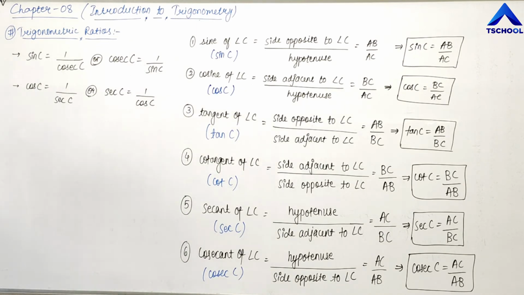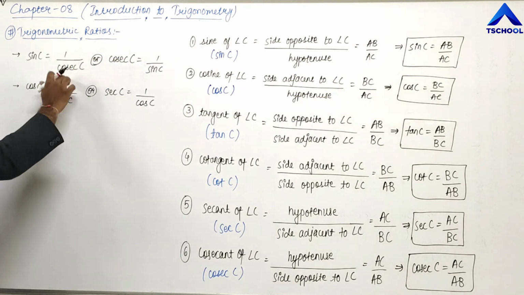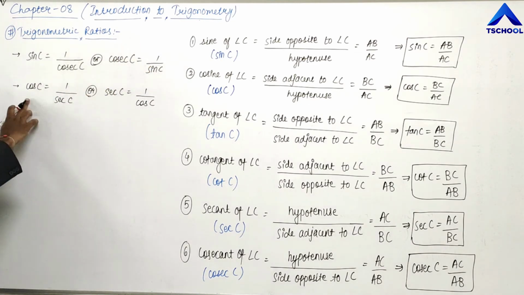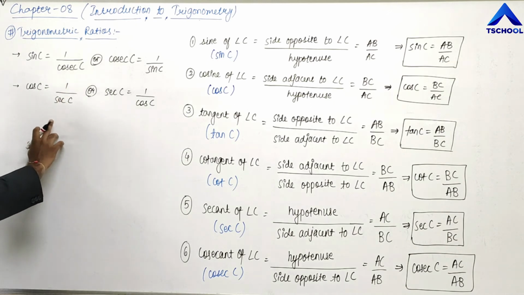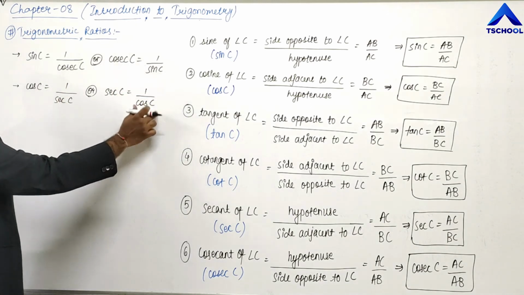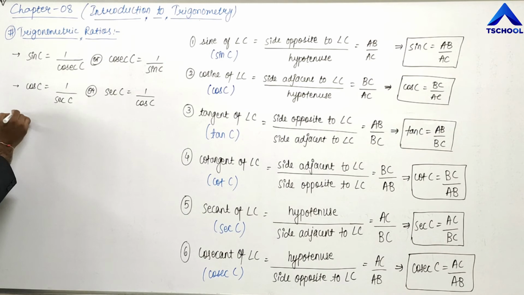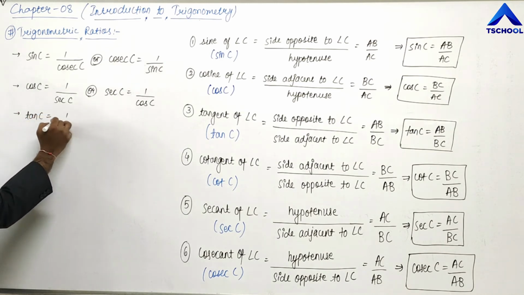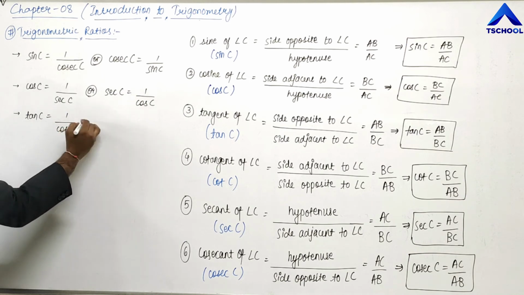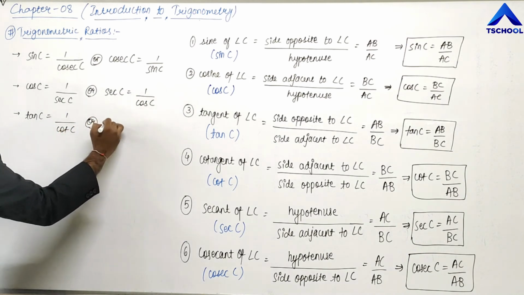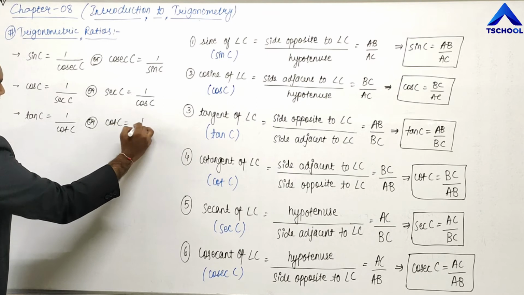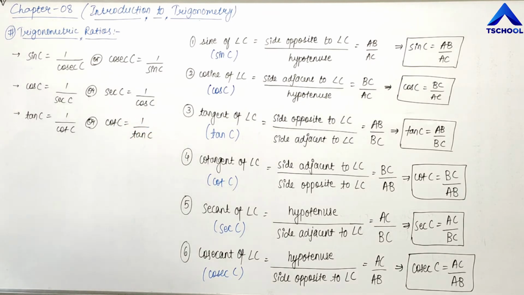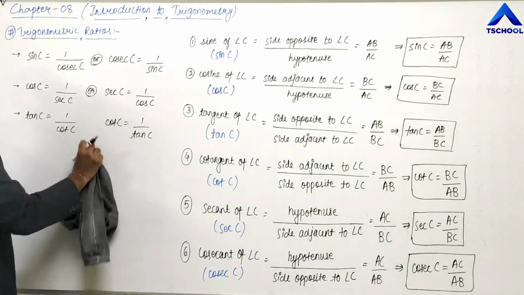Sin C is equal to 1 upon cosec C, or cosec C equal to 1 upon sin C. Cos C is equal to 1 upon sec C, or sec C is equal to 1 upon cos C, and the third one, tan C is equal to 1 upon cot C, or cot C is equal to 1 upon tan C. Right? So these are the three different ratios.